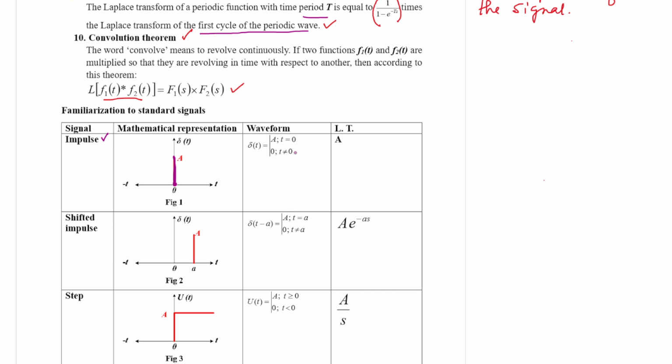Normally, the impulse function is represented as delta(t), which is equal to A when t is equal to 0, and equal to 0 when t is not equal to 0. So it only has magnitude at t equal to 0, and has zero value at all other times.